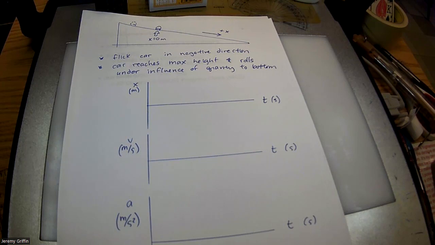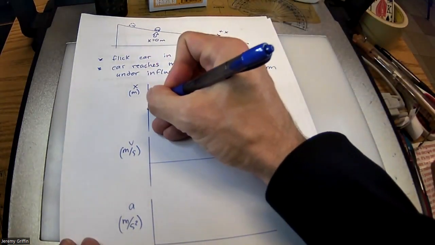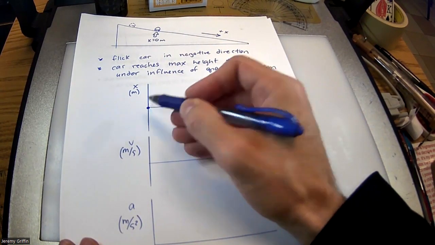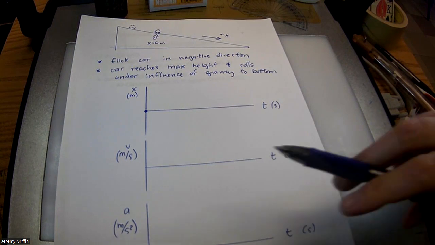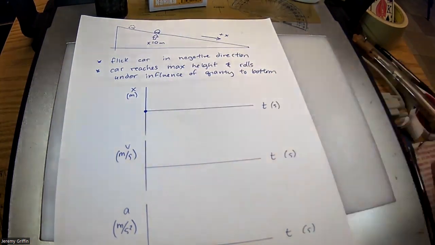Where the car starts, we'll call position 0. Go ahead and put that point on the graph anyway. Time 0 is at position 0, and right at that moment, you flick the car in the negative direction.